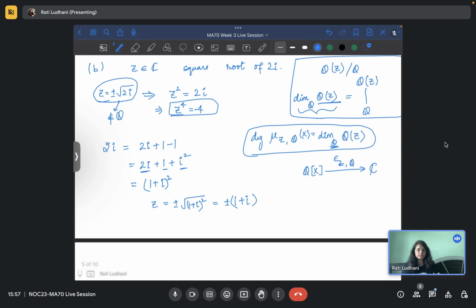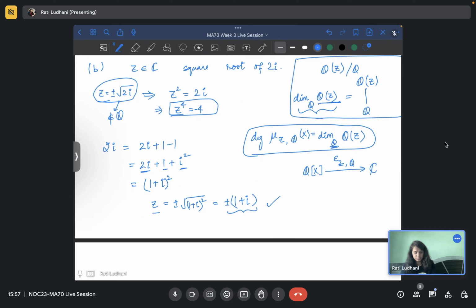Now you can actually see that you have some complex number which is a root of something. So I need to construct a polynomial. I'm saying that we can even have a 2-degree polynomial because of this condition.